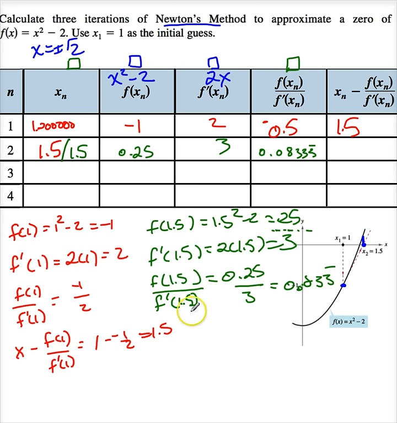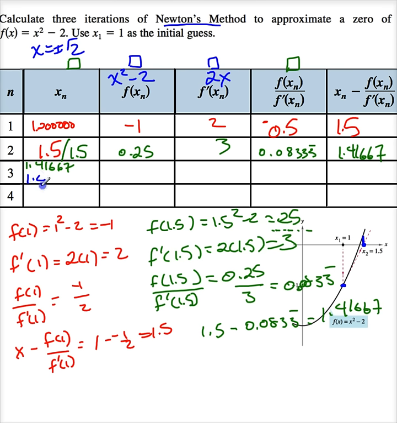And then my last term is 1.5 minus 0. Left off my 0 there, 0.0833. And this number is 1.41667. So this number right here goes up here. Now I'm just going to change the color of it.